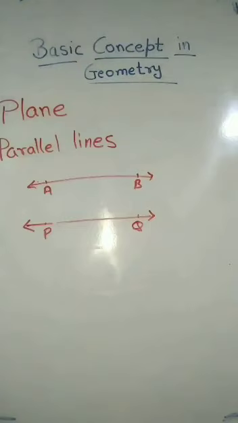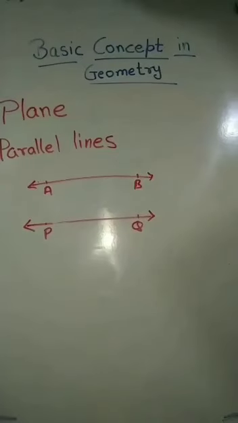Then these lines are called the parallel lines. The example of parallel lines is two sides of the road.